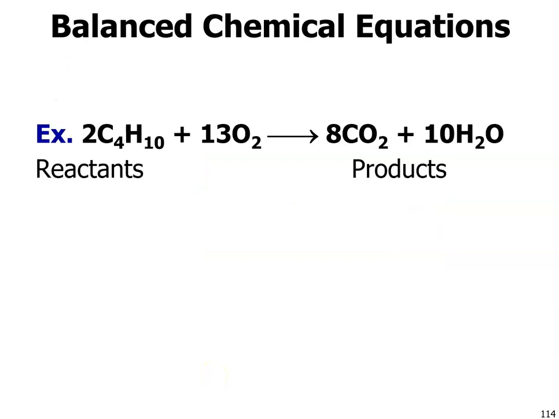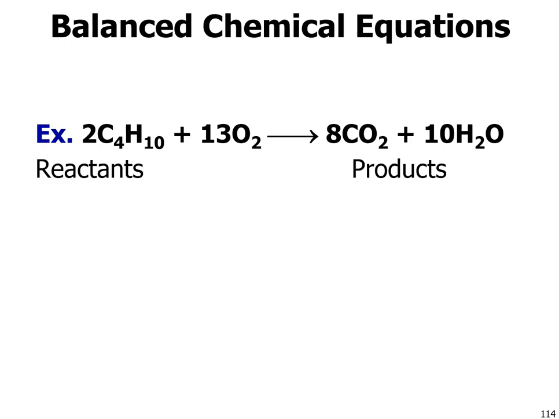We are going to start to do some accounting to make sure that we have the same number of atoms on the products and reactants, so that we know that we have the conservation of mass. If that's not true, then we're not going to be able to do some of the calculations that we want to do in order to determine maybe how much product we might receive after we do a chemical reaction.